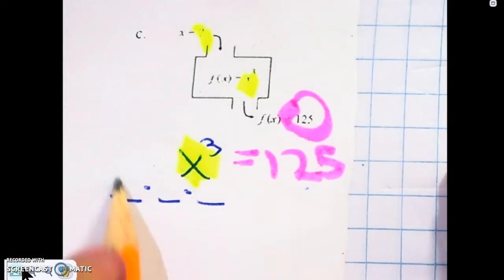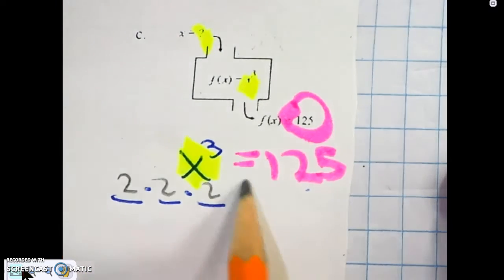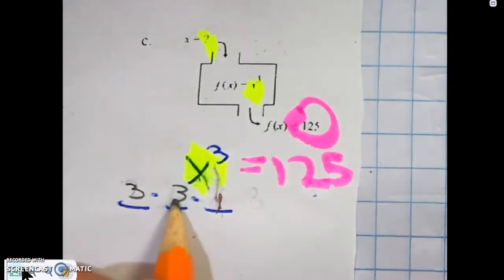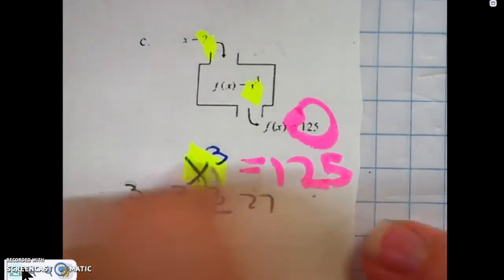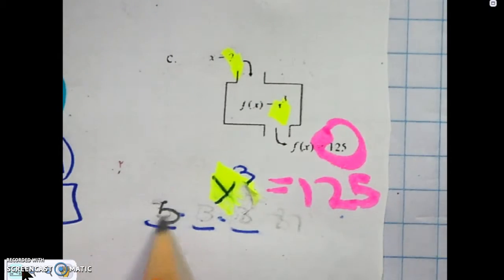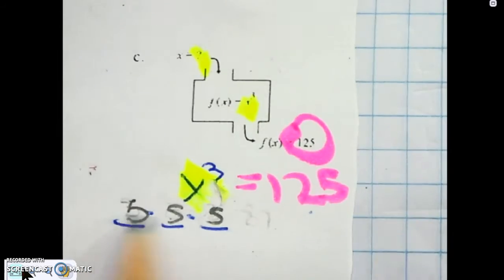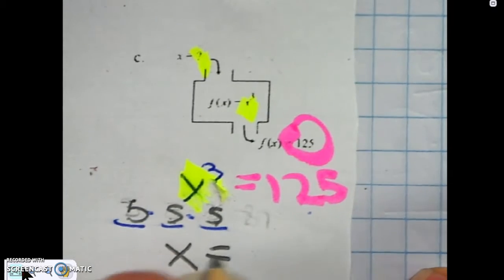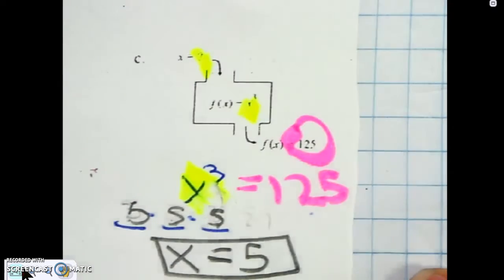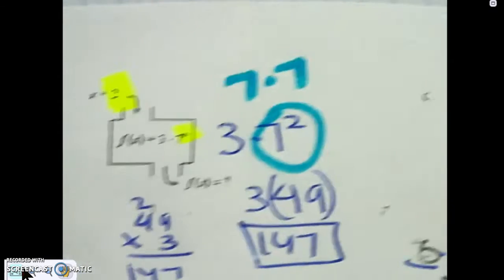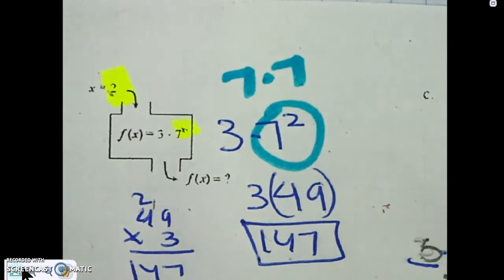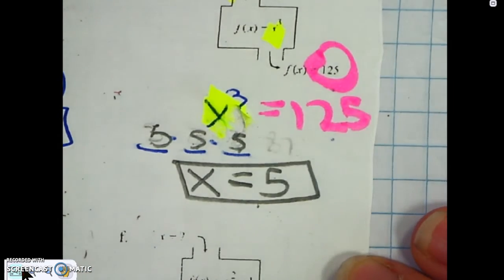If I tried 2, 2 times 2 times 2 is 8. Nope, that's not it. 3 times 3 is 9, times 3 is 27. That's not it. So I finally get 5 times 5 times 5. 5 times 5 is 25, times 5 is 125. So in this case, the answer is x equals 5. So in the other problems, you had x, and you were trying to plug it in and get f of x. This time, you had f of x, and you had to figure out x.